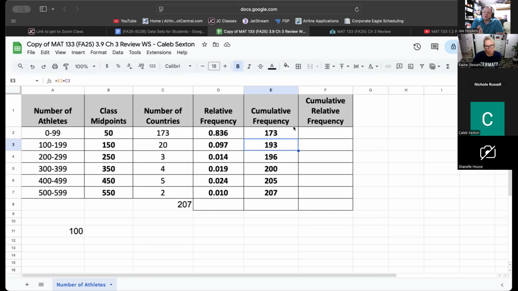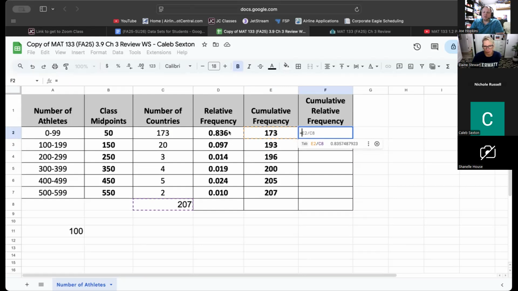Now for cumulative relative frequency, the first one will be 0.836, which is two cells to the left, cell D2. So what I'm getting at is you don't actually have to do any of this extra work here.